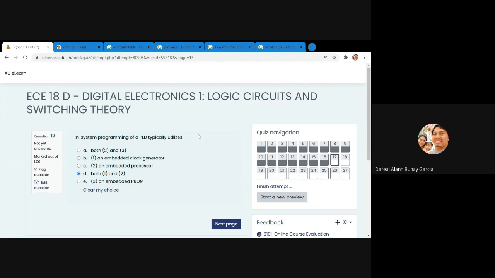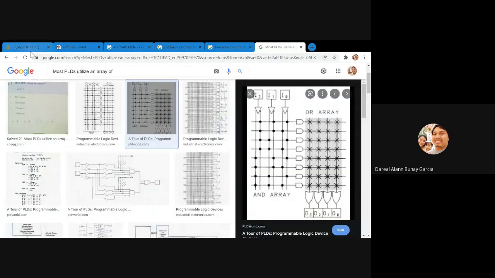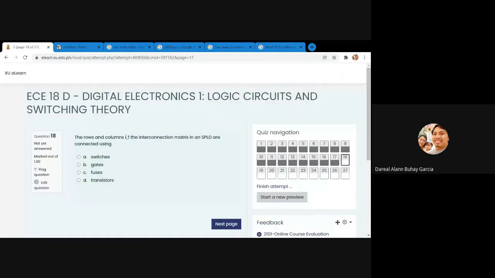Embedded clock generator and embedded processor. The rows and columns of interconnection matrix in SPLD are connected using wires?